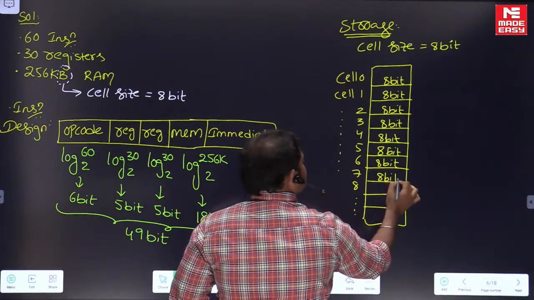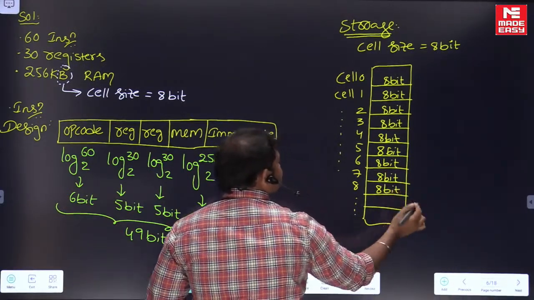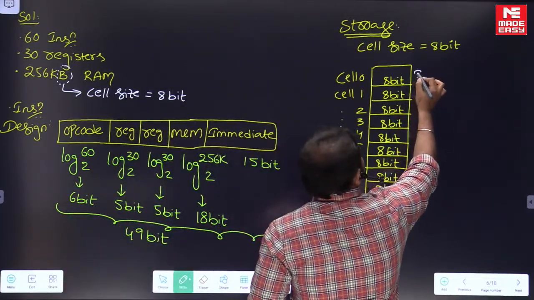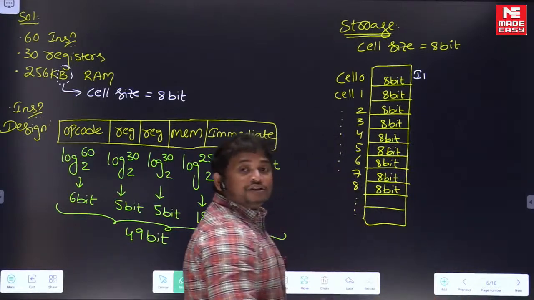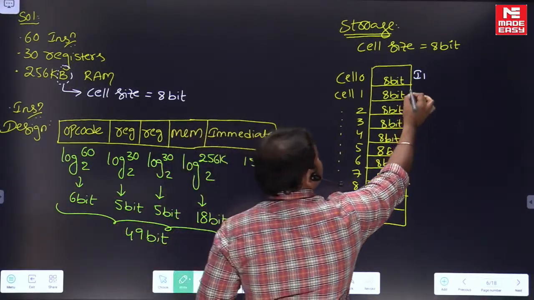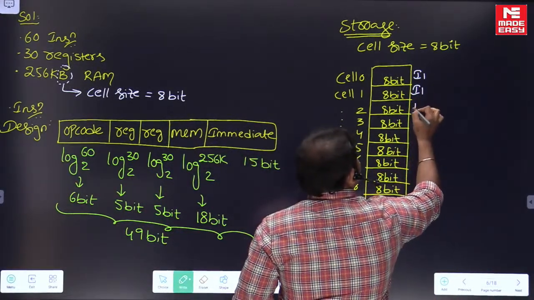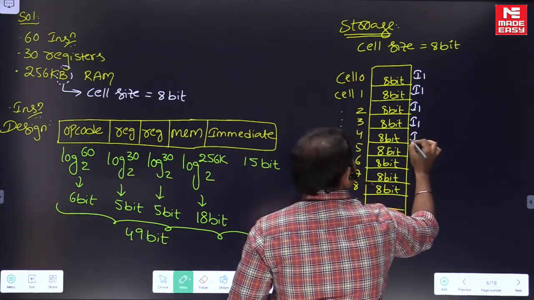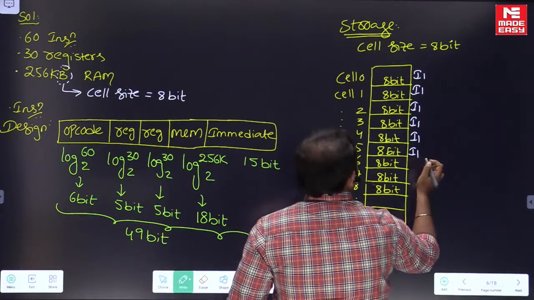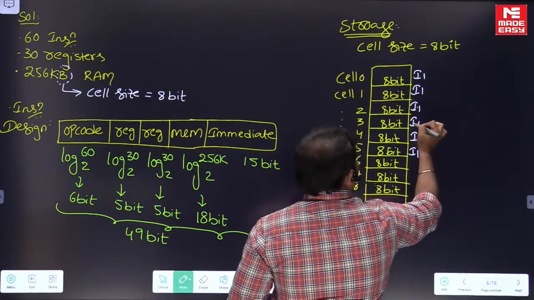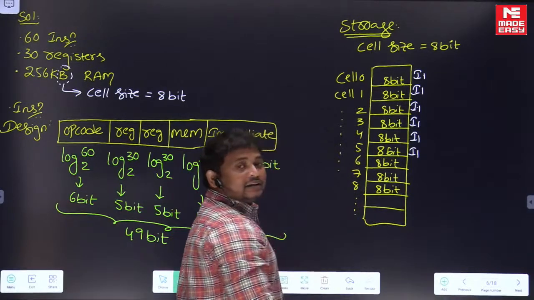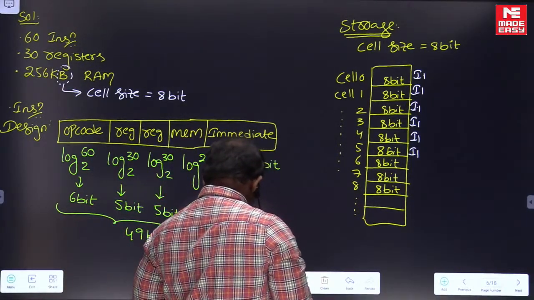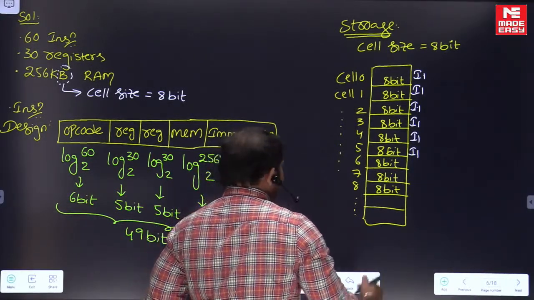Now store the instructions into the memory. Instruction 1: what is the size of the instruction? 49 bit. So here first cell, second cell, third cell, fourth cell and so on. 6 cells into 8 is 48 bit.